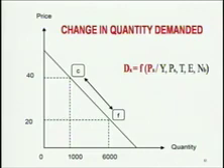Now look at this diagram, that is the second one. Here we have mentioned the price and quantity. Now at, say, 40 rupees, we demand 1000. But when price reaches 20, we demand 6000. That means we move from C to F, which we call movement along the demand curve.